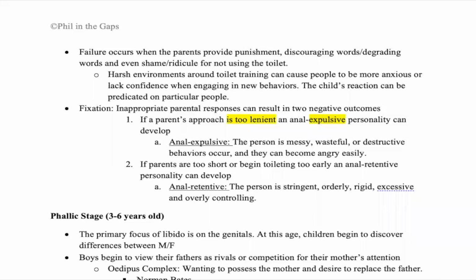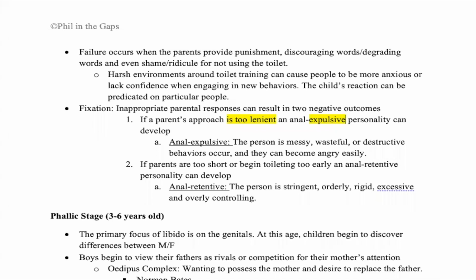When you say explosive, think of it based on the fact that it's when a person is messy, wasteful, or destructive. And when they are not getting their way, they're easily angered based on the fact that they feel like things could just always be done for them. So if a parent is too lenient, providing little guidance or doing everything for that child, the child is going to learn that they can expect that out of everybody, but the world doesn't work that way.